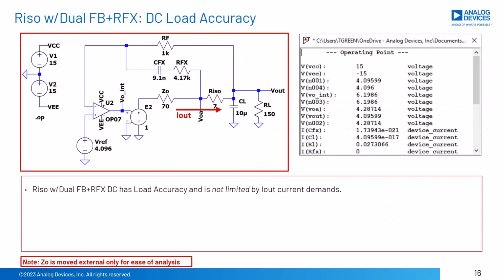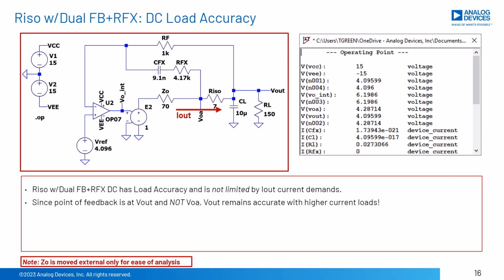The Riso with dual feedback plus RFX compensation has one advantage over the Riso compensation circuit, in that it can maintain accuracy at Vout for DC current loading. The low frequency point of feedback in the Riso with dual feedback plus RFX compensation is at Vout, to maintain accuracy under different DC current loads.